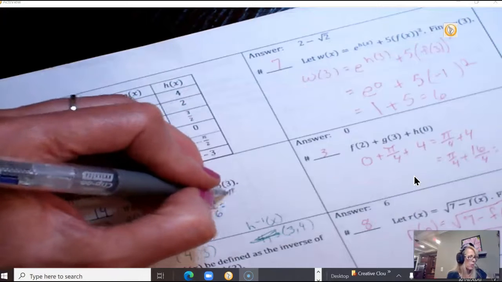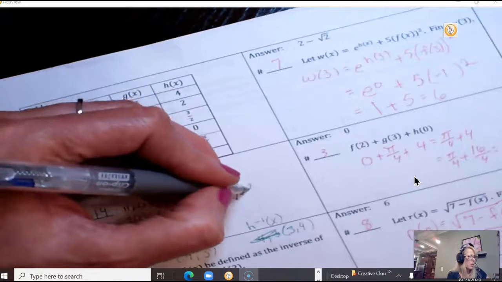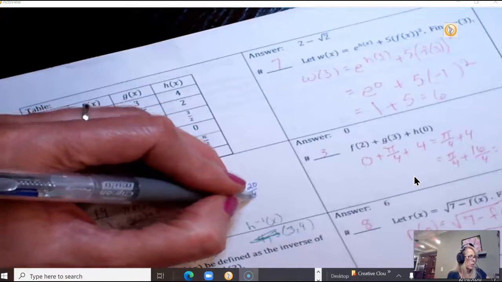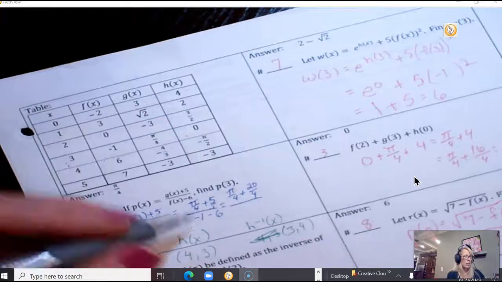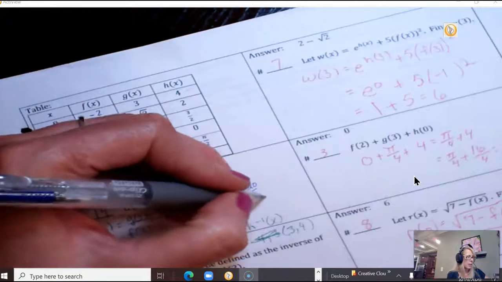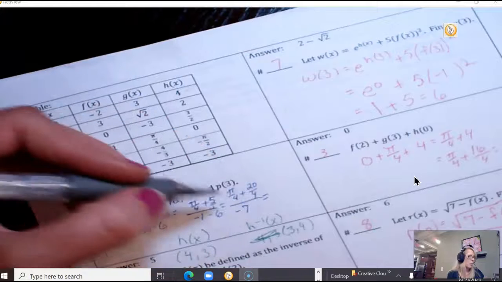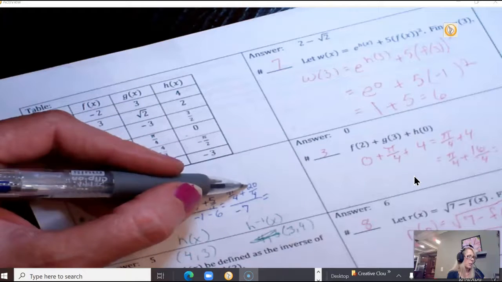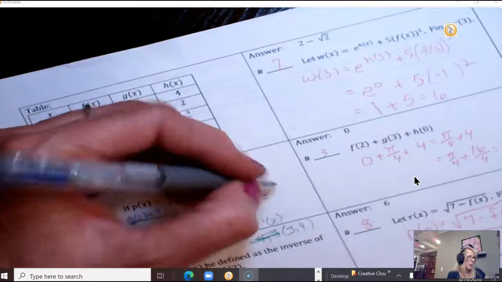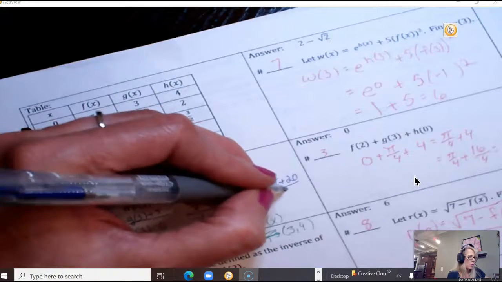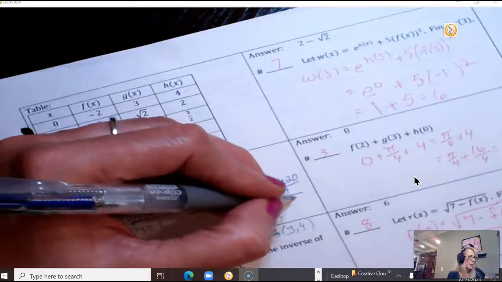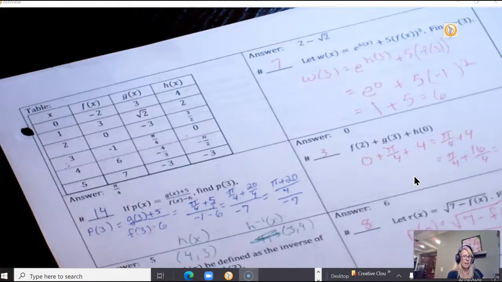So pi over 4 plus 20 over 4. I don't need to do much down here. That's just going to be negative 7, right? Equals pi over 4 plus 20 over 4 is going to give me pi plus 20 over 4, and that's all over negative 7. Okay?